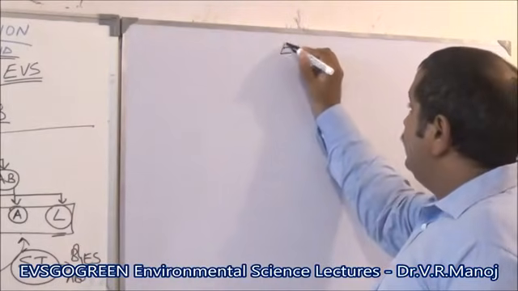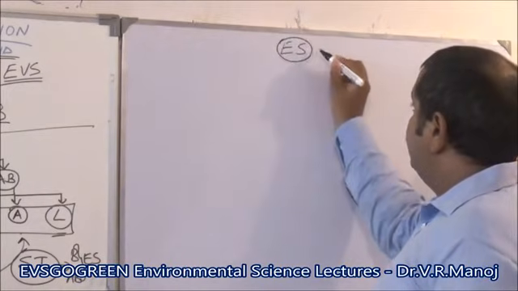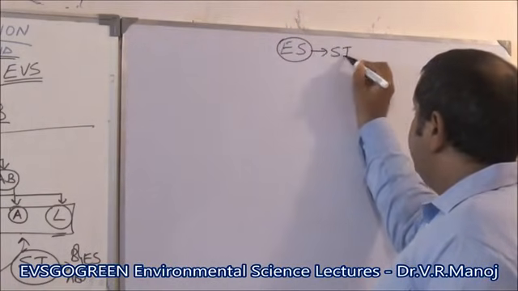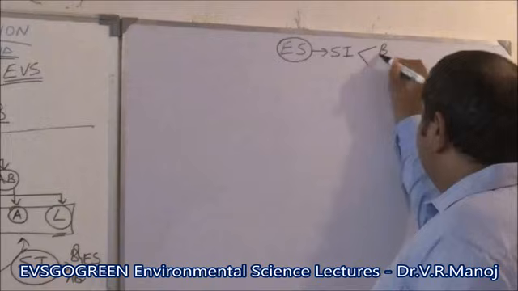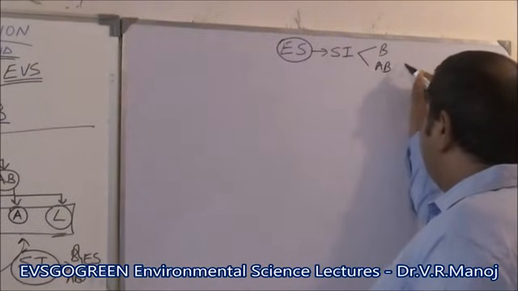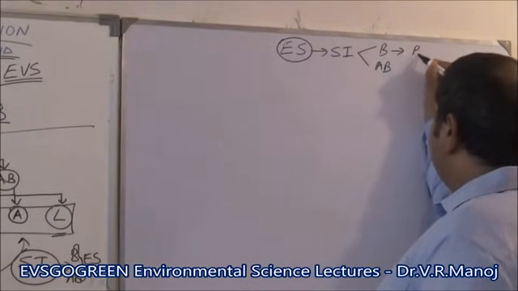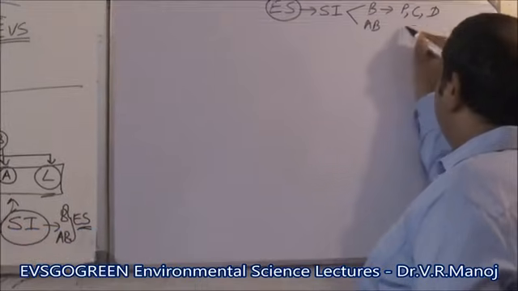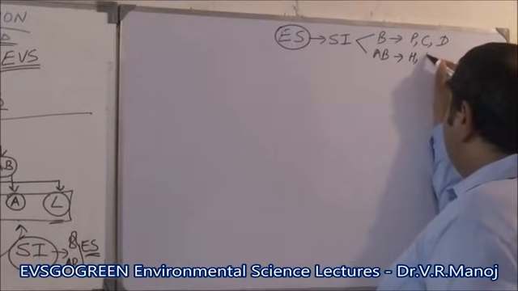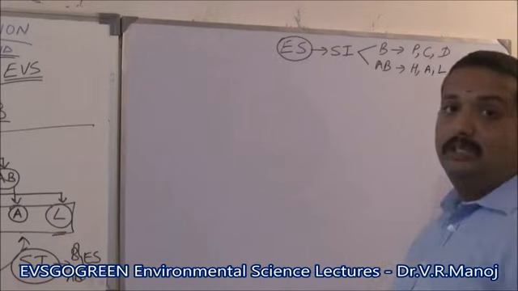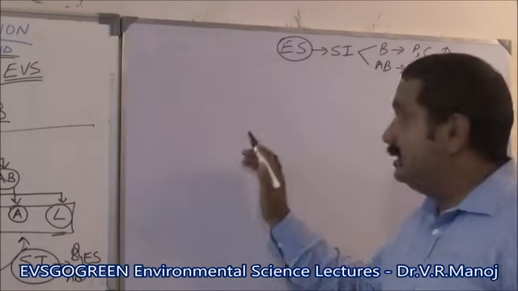Now ecosystem, I already told you, it is the systematic interaction between the biotic and the abiotic. Remembering it once again, biotic is producer, consumer, decomposer. Abiotic is hydrosphere, atmosphere, lithosphere. This is how you have to remember in your mind.